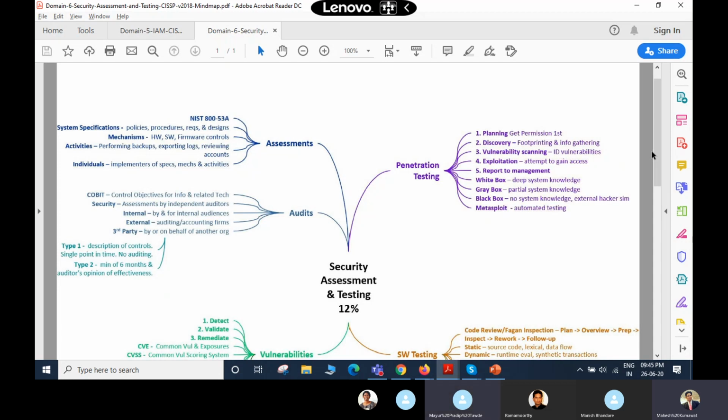In gray box testing, you have partial system knowledge. Black box, no system knowledge, like an external hacker. Metasploit is automated testing.